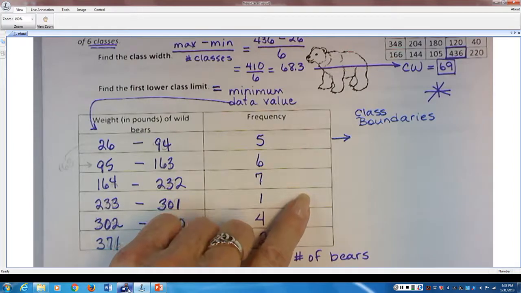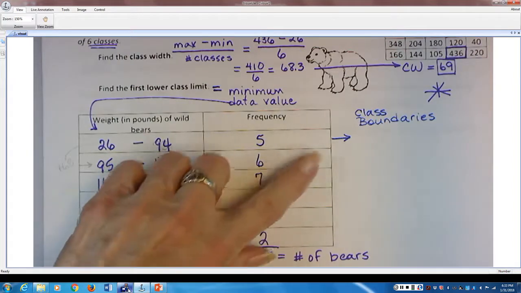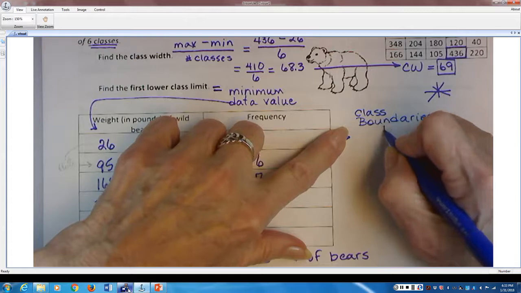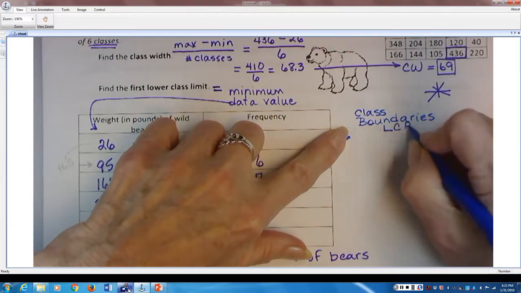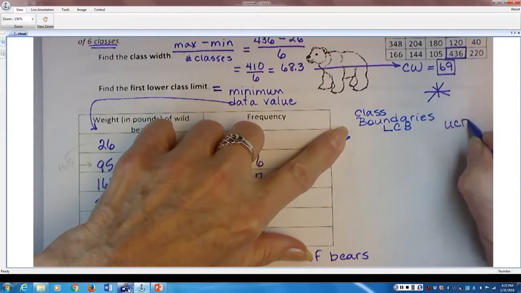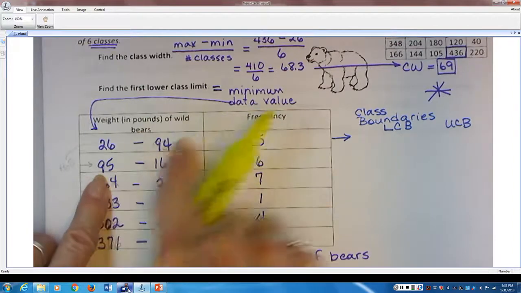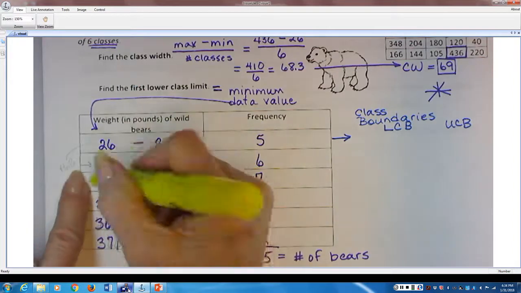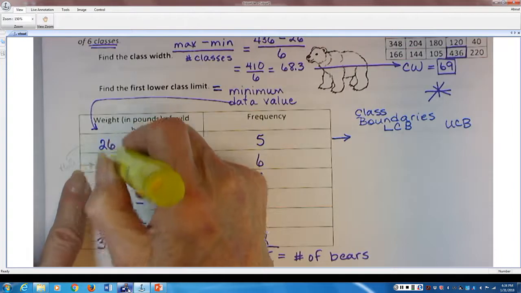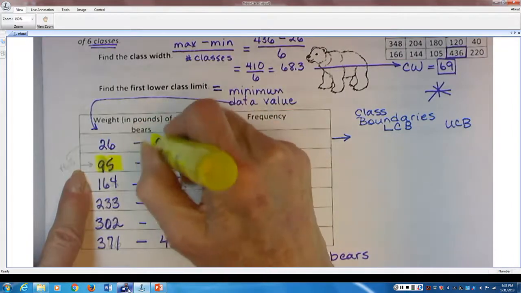And class boundaries have an upper and a lower, just like class limits do. The first one I'm going to show you how to calculate is not the lower class boundary, because we're going to kind of back our way into that one. The class boundary between these two classes is the midpoint between 95 and 94.